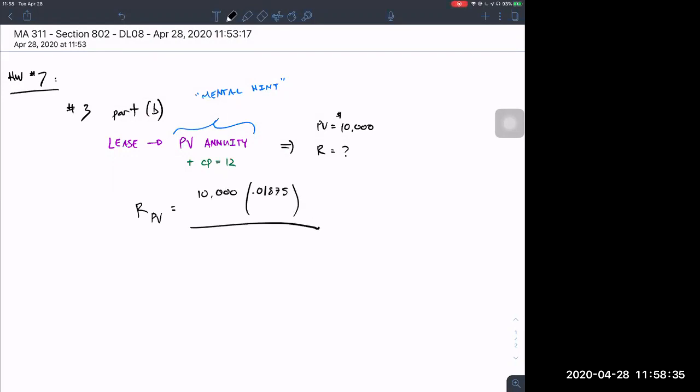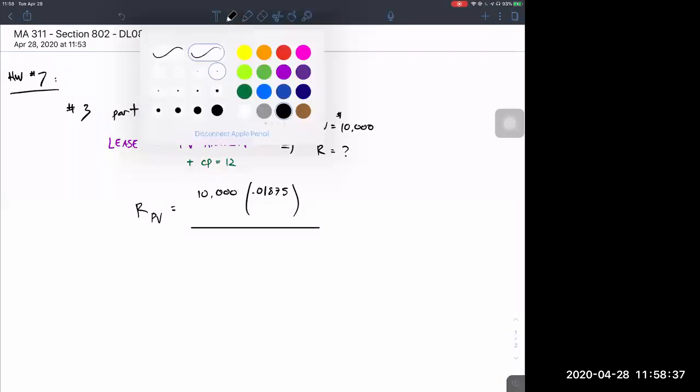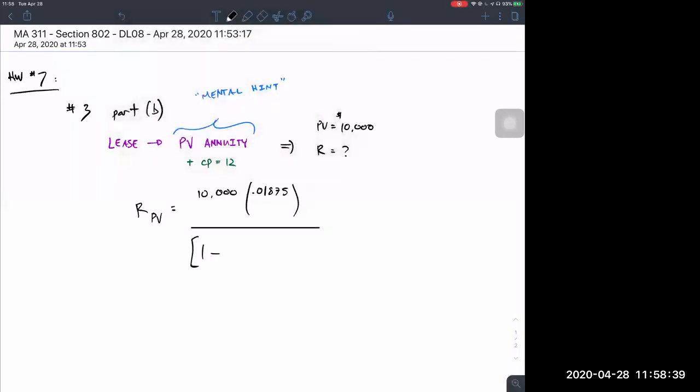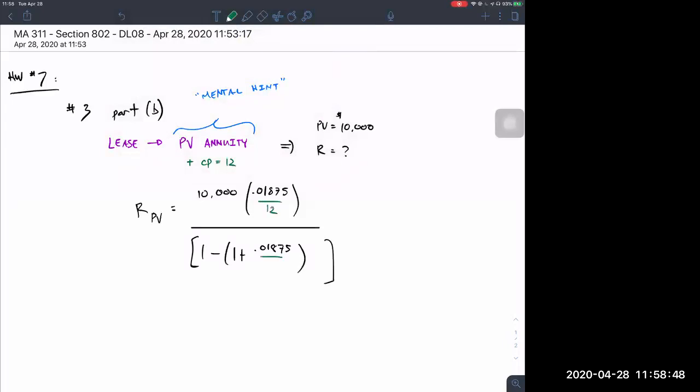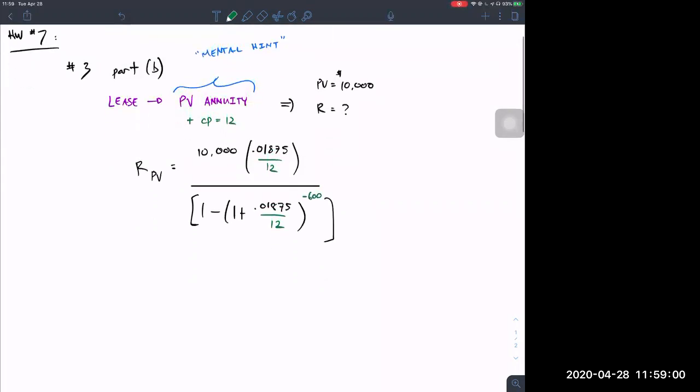So let me write out this formula really quick for you. 1 minus, 1 plus 0.01875 over 12, and we're doing it for, I already forgot, 50 years? 600. Okay, so that's the part B setup.